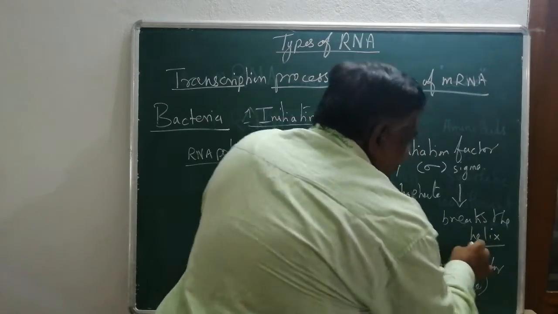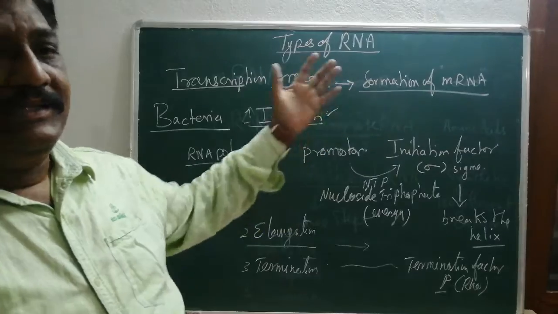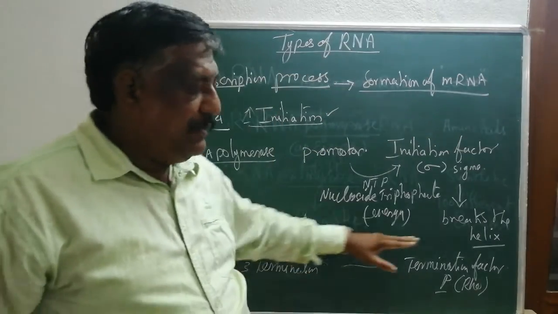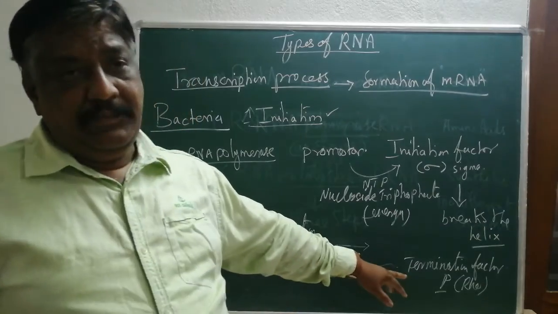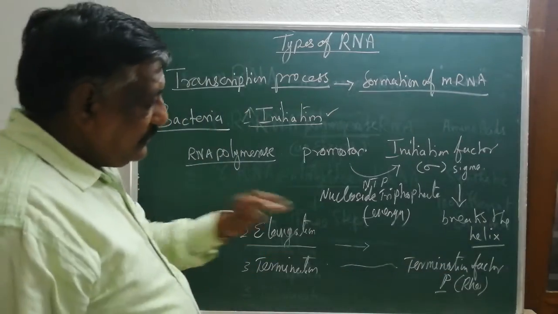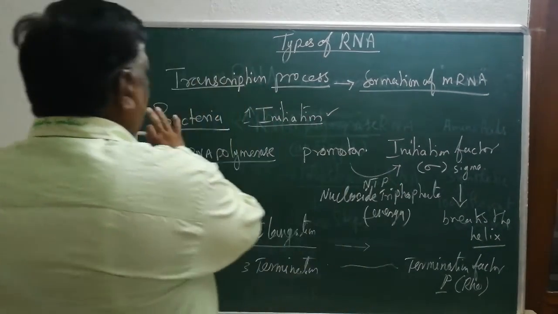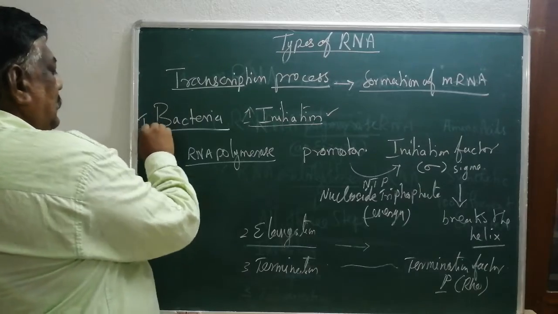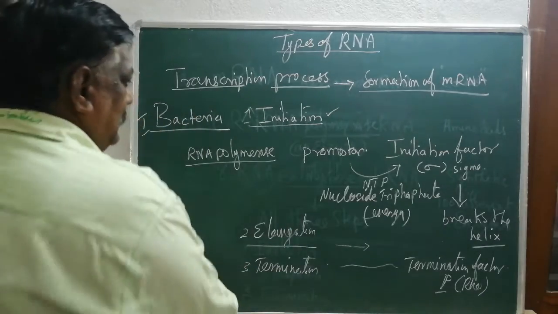That's the first step we have seen. It breaks the double helix, then the process starts. Then the continuation of the formation of mRNA, then the termination if it joins with the Rho factor. And this is a very simple step in bacteria, right? I am going to explain this with a diagram, right?